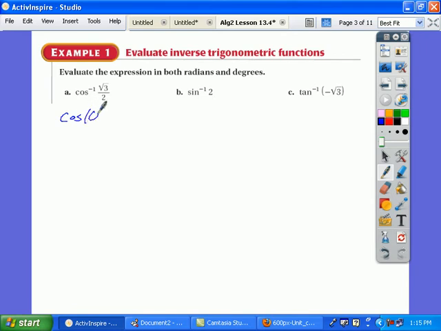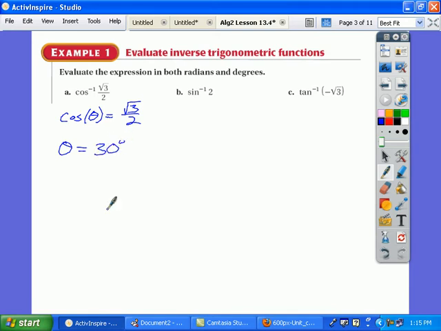Now remember, we're only going to talk about one of the values, even though there are two. So look on your unit circle. Which angle measurement gives us a cosine value, or an x value, of radical 3 over 2? 30 degrees. How many radians is that? It's pi over 6 radians.